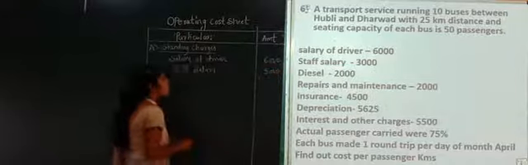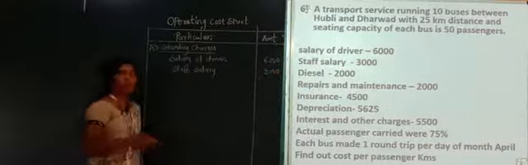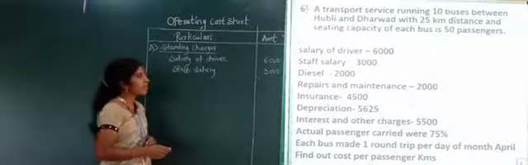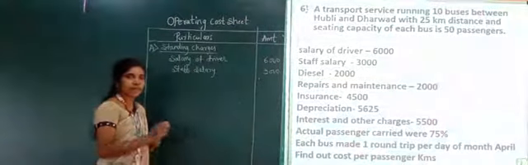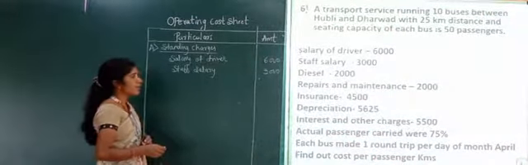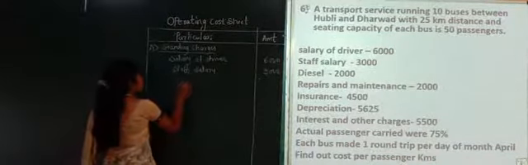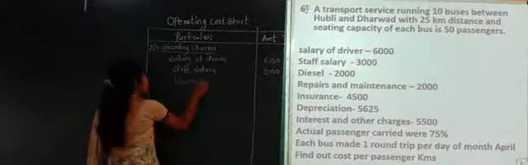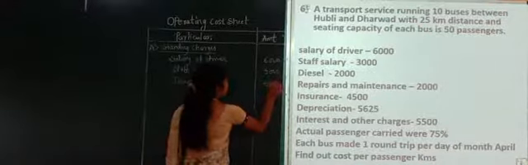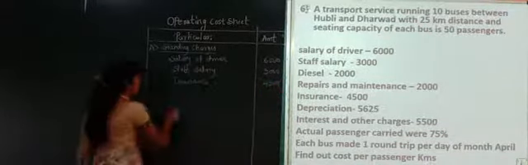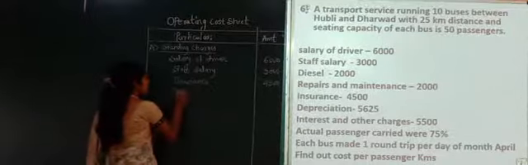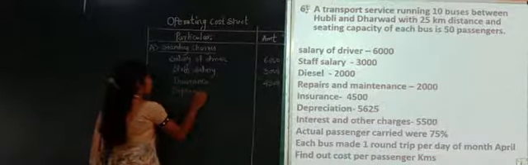Next, diesel comes under the running charges. Repairs and maintenance come under the second head. Next is insurance, the amount will be 5,400. Next, depreciation.